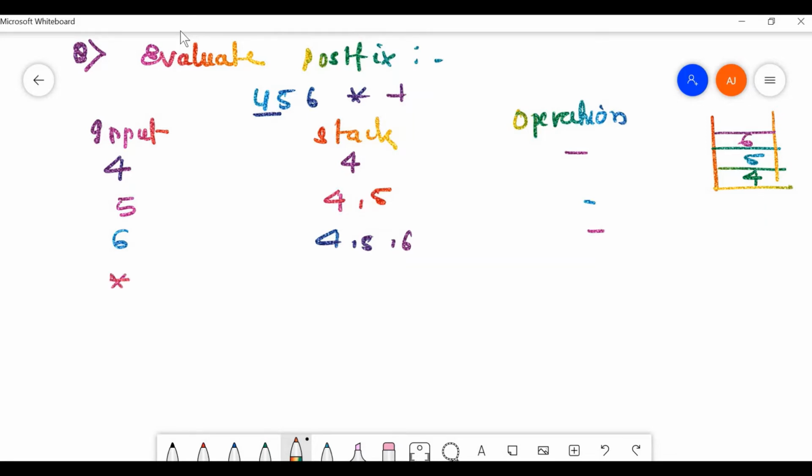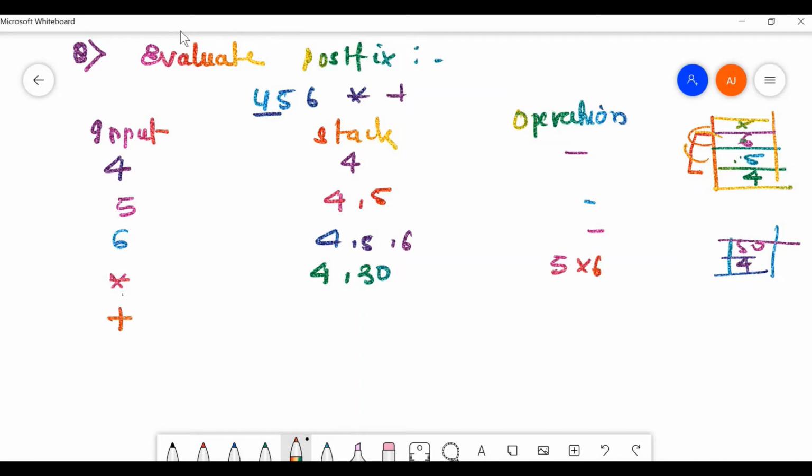Now it's into. So we have to do the into operation on 2 elements. Which 2 elements are we going to multiply? The upper two elements, because that is how we pop elements in a stack. So into is going to multiply these two elements, and the stack becomes 4, 30, because the operation is 5 into 6, which is 30.